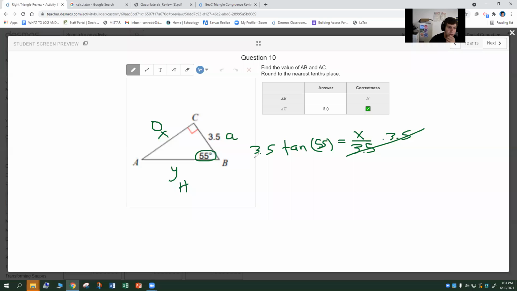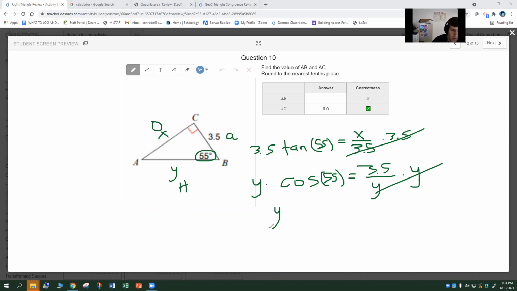All right, the other one here, we're going to use the hypotenuse and the adjacent. So that's going to be cosine. So cosine 55 is going to equal the adjacent over the hypotenuse. So that's 3.5 over y. We want to get y by itself, so we have to get it out of the denominator. So we'll multiply both sides by y.